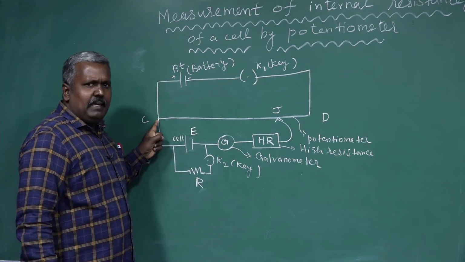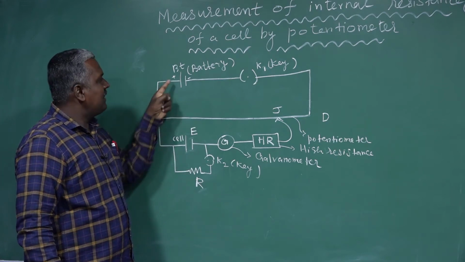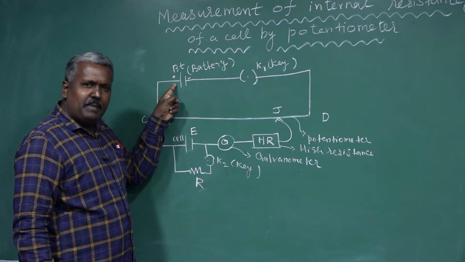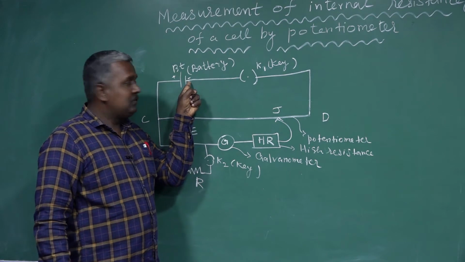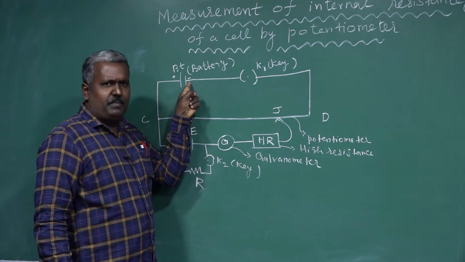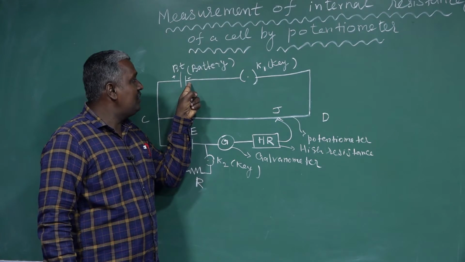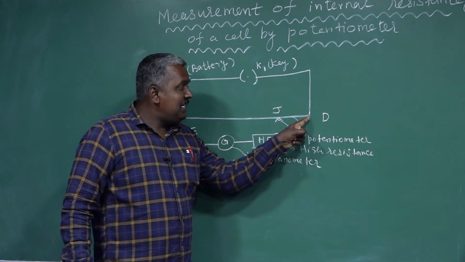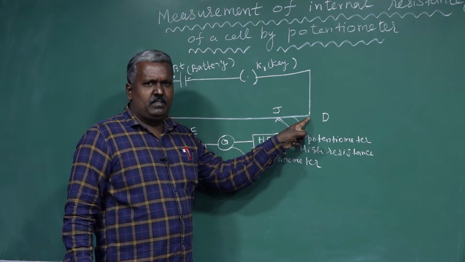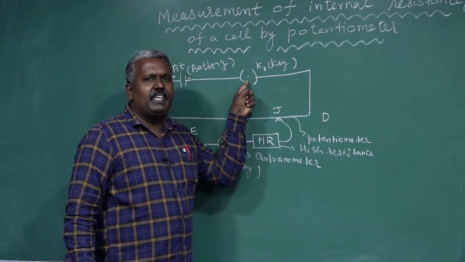The end C of the potentiometer is connected with the positive terminal of the battery. Then the negative terminal of the battery is connected with the end D of the potentiometer through key K1.